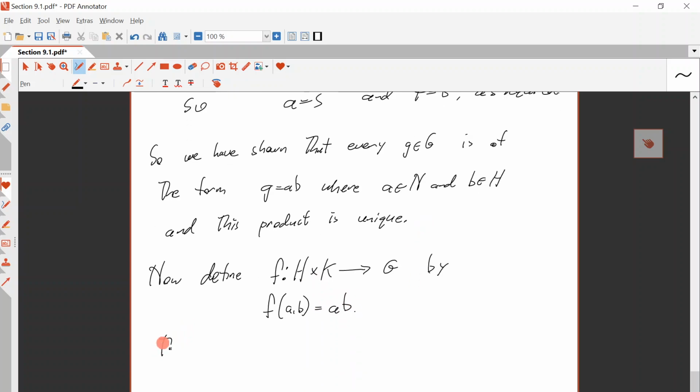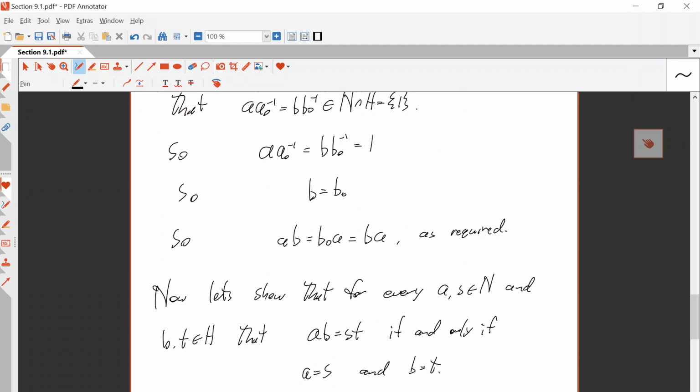This is surjective, and injective. Because, right, it's surjective because everything in G is of the form A times B, where A is in N and B is in H. That was one of the assumptions of the theorem.